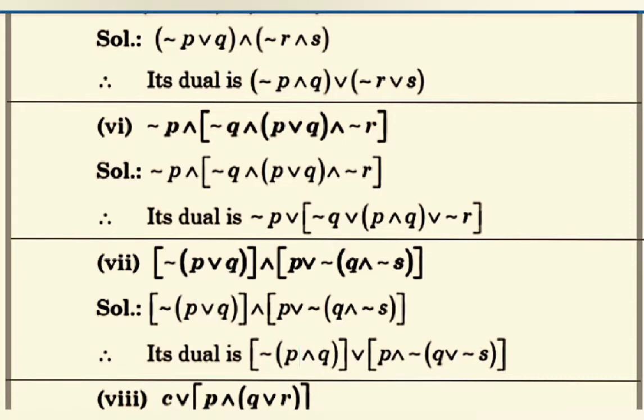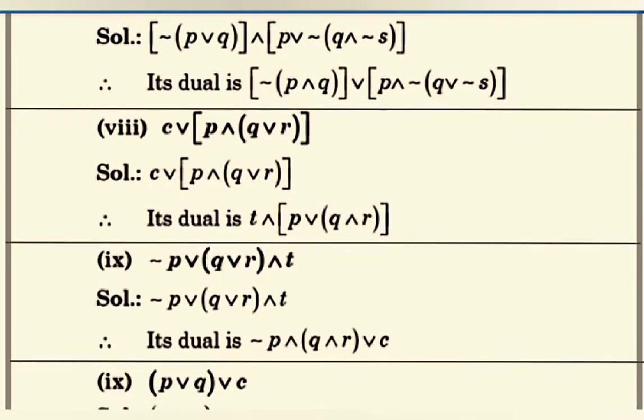This or is changed to and, this and is changed to or, and this or is changed to and. Again write down as it is, and this and is changed to or.